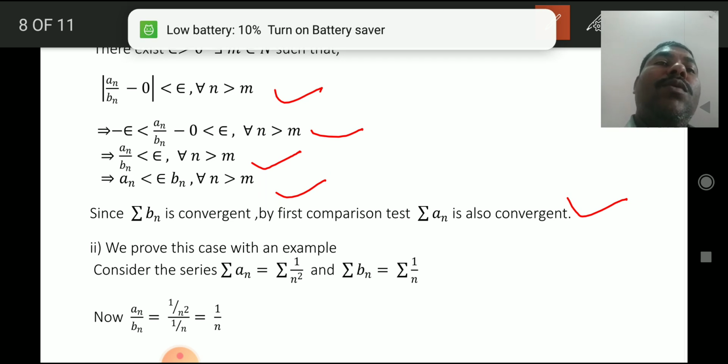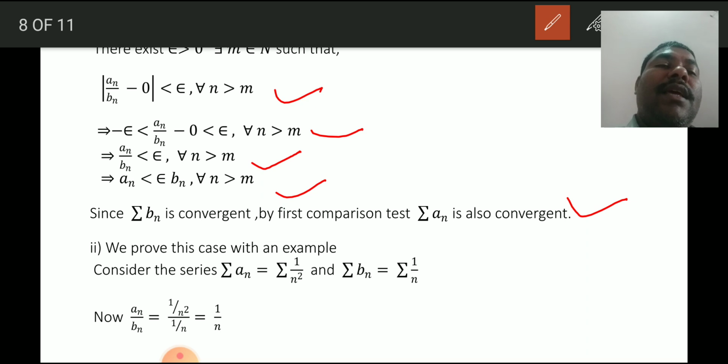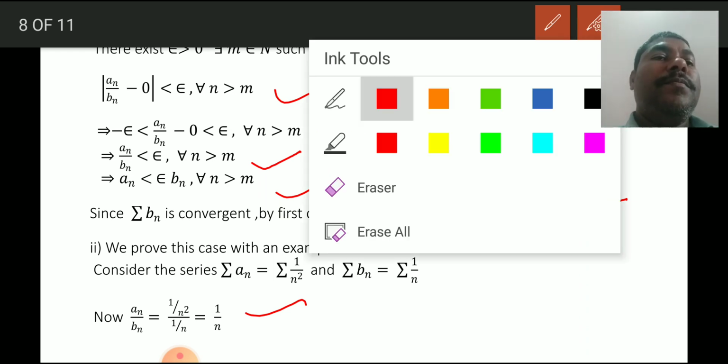For the second one, we prove this case with an example. So consider the series summation an equal to summation 1 by n square, and summation bn equal to 1 by n. Now an by bn is equal to 1 by n square divided by 1 by n. So that is equal to 1 by n.